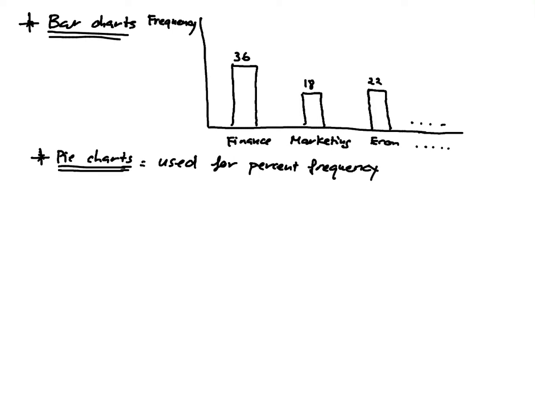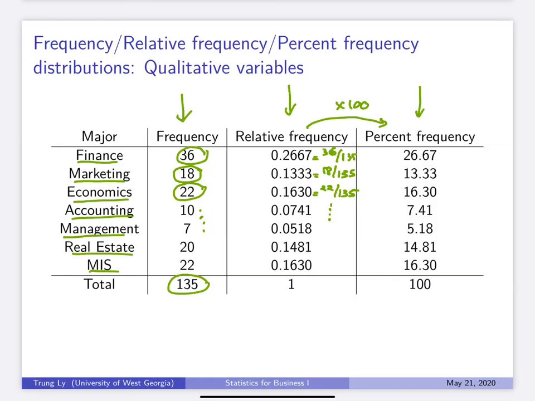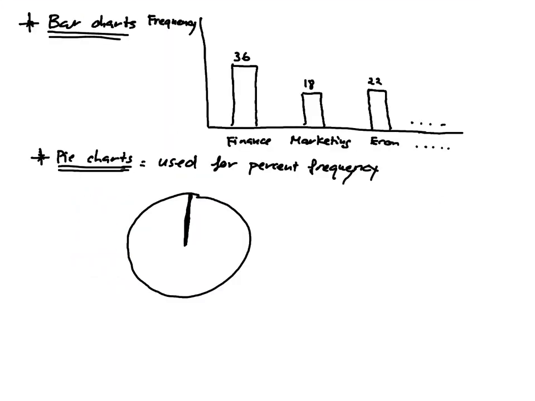Right? So for this type of chart, we start off with a circle, okay, and we start with this. Recall that we have 26.67% of the observations being finance majors. So all I have to do is to draw that part.